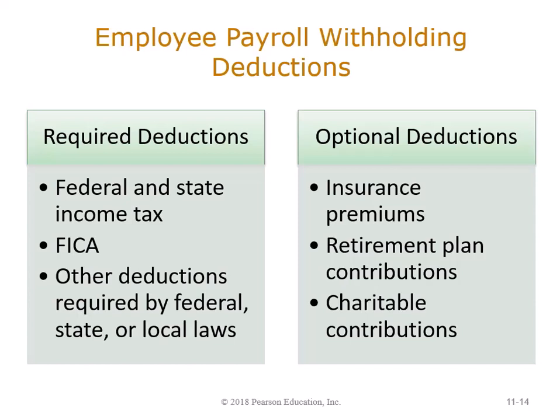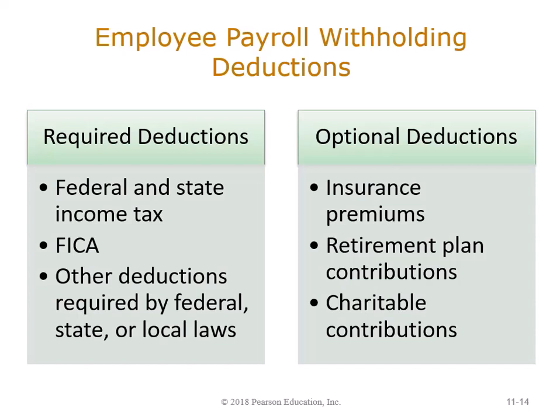But any required income taxes are going to be withheld. Okay, FICA taxes, and there are two components to FICA that we'll talk about in just a second. There's a Social Security piece and a Medicare piece, but FICA must be withheld from the employee's paycheck. And then you've got other deductions that may be required. This might be things like garnishments that the employer would be legally required to include.